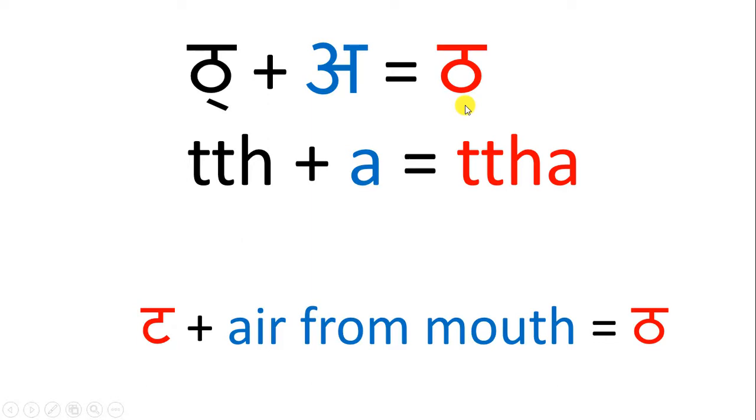Th. And we get this sound Th when we add Th to A. Th plus A equal to Th. Alright. And pronunciation, like what we have studied before, it is T plus air from mouth.